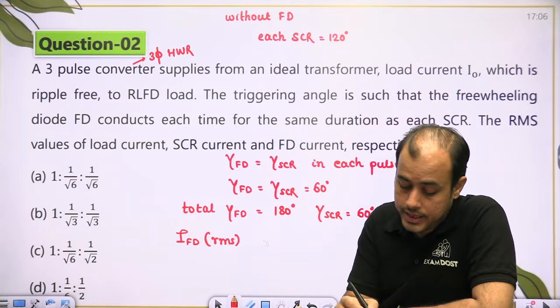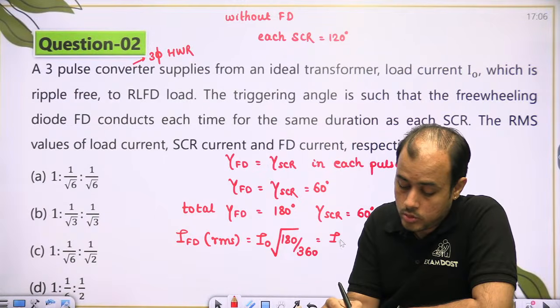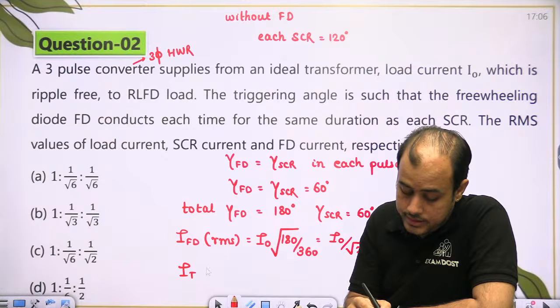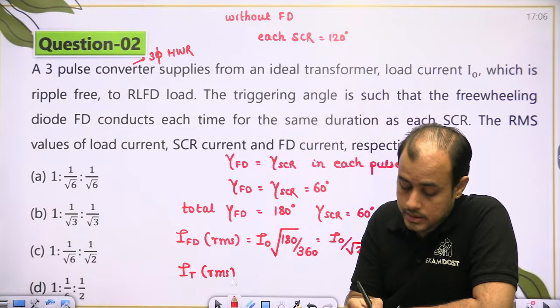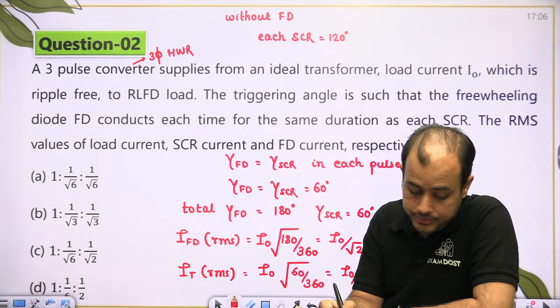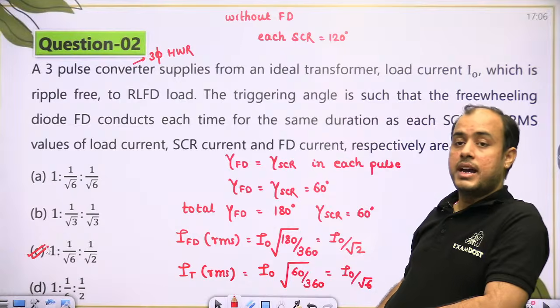So I_FD RMS is I naught root 180 by 360, so I naught by root 2. I thyristor RMS is I naught root 60 by 360, I naught by root 6. समझ में आया लॉजिक?